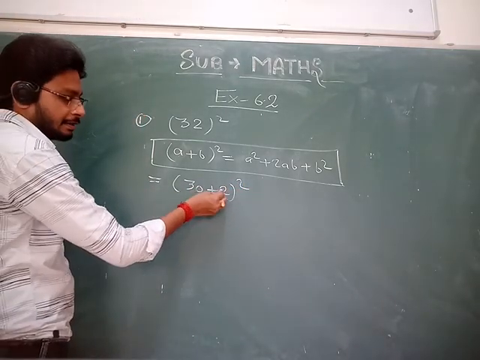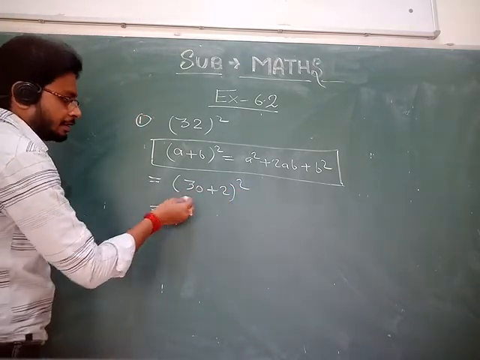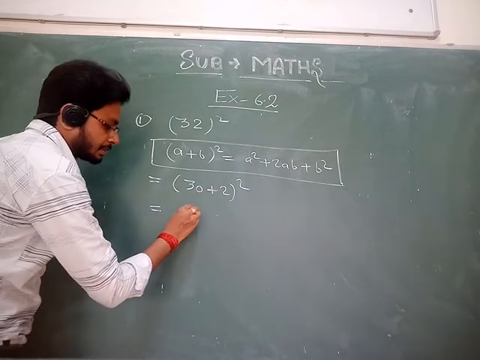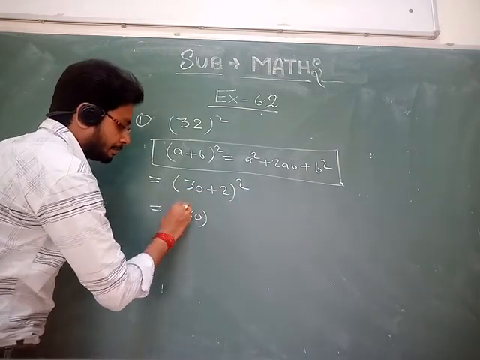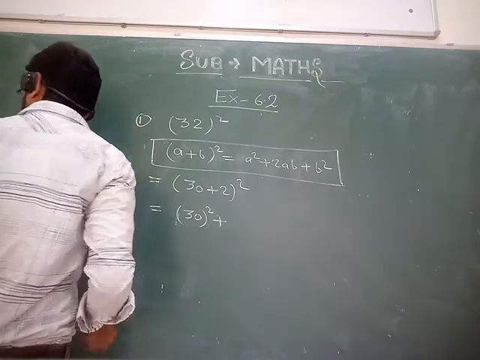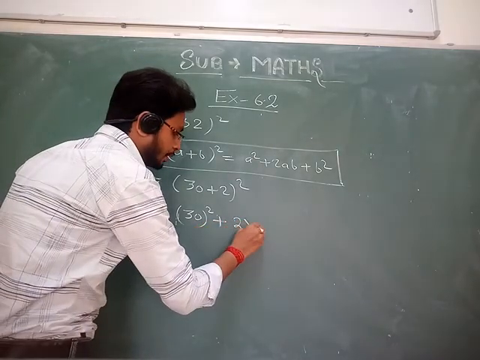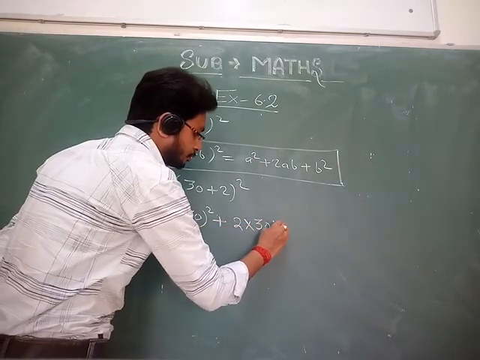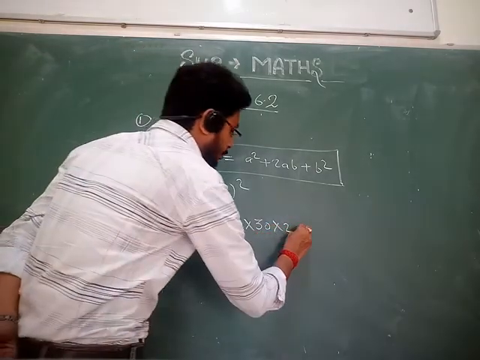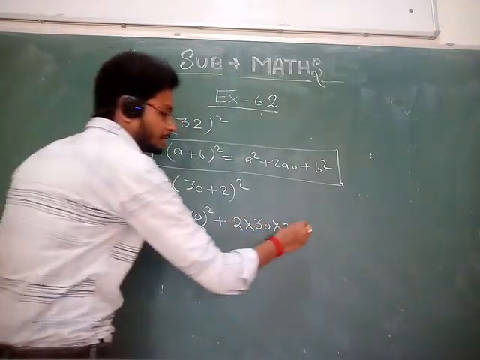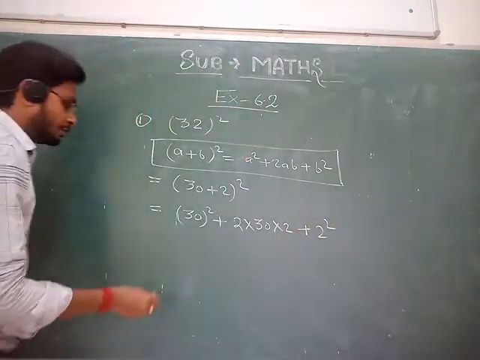What is a and what is b? So what will you write? That will be a square, means 30 square, plus 2ab, means 2 into 30 into 2, and then b square. b square means 2 square. So what will you get?